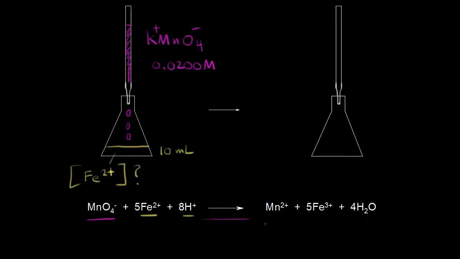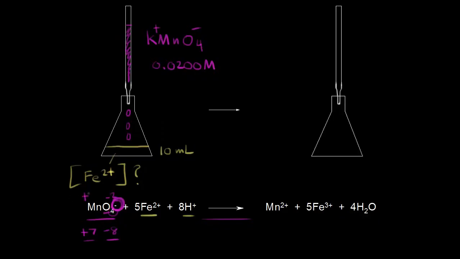If you're unsure about how to balance a redox reaction, make sure to watch the video on balancing redox reactions in acid. But let's look at some oxidation states really quickly so we can see that this is a redox reaction. For oxygen, it would be -2, and we have 4 oxygens, so -2 times 4 is -8. Our total has to add up to equal -1. So for manganese, we must have a +7, because +7 and -8 give us -1.